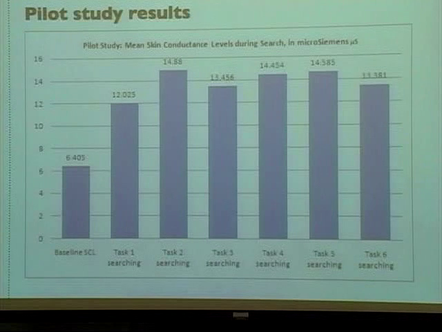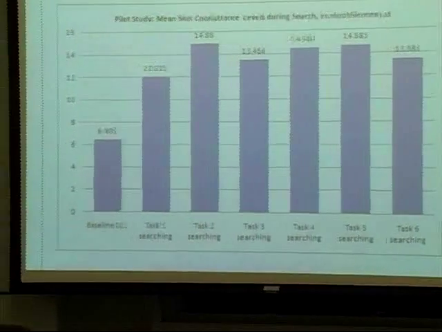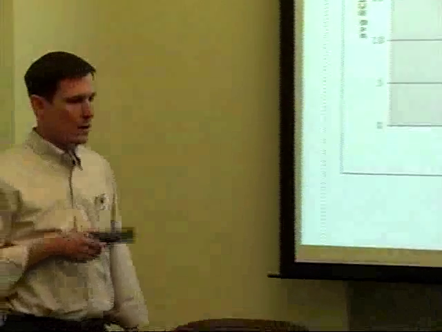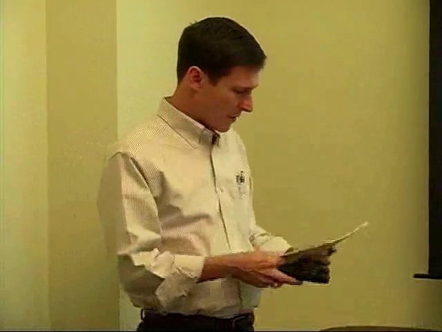The broken interface was used for task 2 and task 6, and again, there doesn't seem to be any correlation there. We think there are other factors involved here based on what happened in between those sessions, which we'll get to in a little bit. So unfortunately, there was no effect here by interface. We'll talk a little bit more about that when I talk about conclusions.